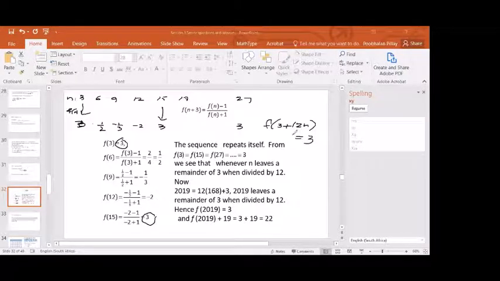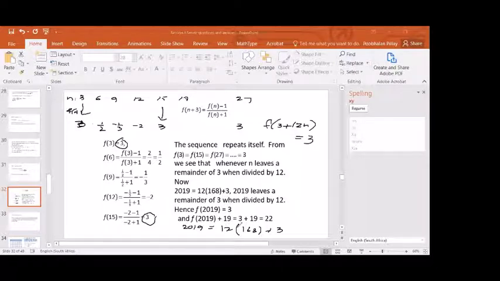So that's very useful. Now you know that you can put any value you like for n, it is going to be 3. Now if you try to look at 2019, I want to say how many 12s there are in this. And to do that, you divide. So when you divide 2019 by 12, I think you get 168 plus 3.